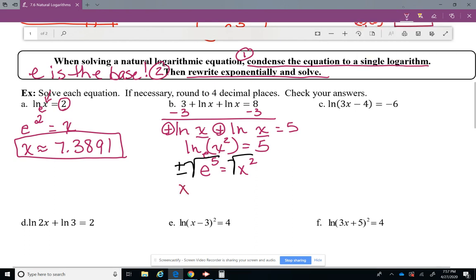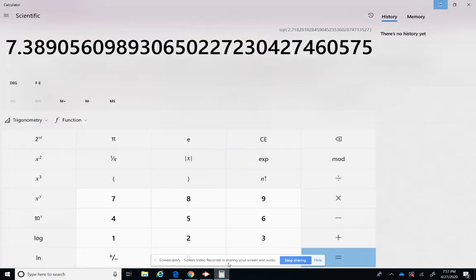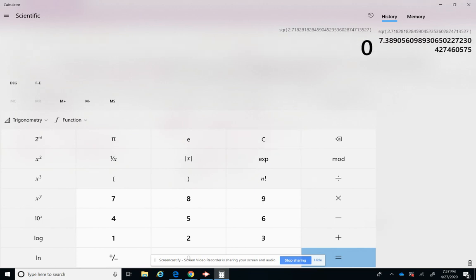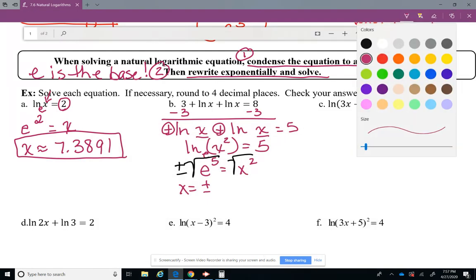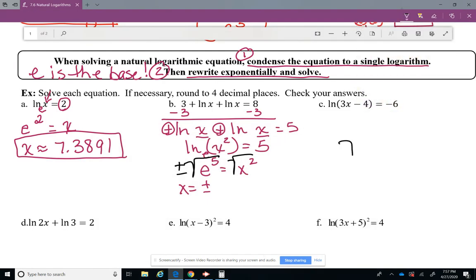So we're going to have x equals plus or minus. All right. What you want to do is go to your calculator. I'm not sure how yours works, but you want to do the square root. I don't actually see a square root button on here, but what you would do is you would do the square root button. I'm going to write this over here in black. You would do the square root button, and then you're going to put e to the 5th.